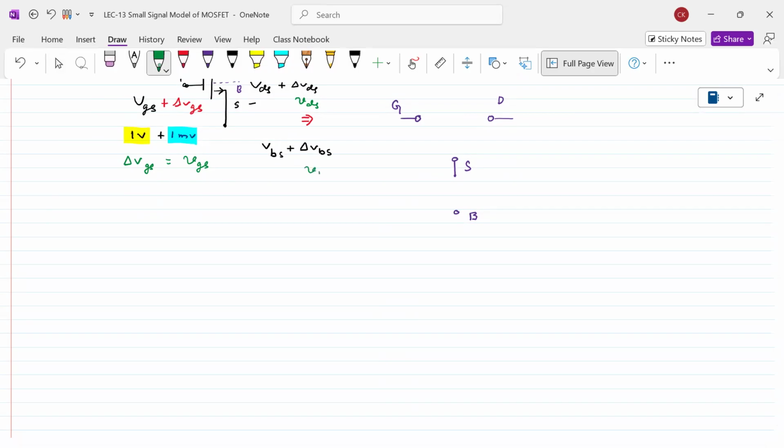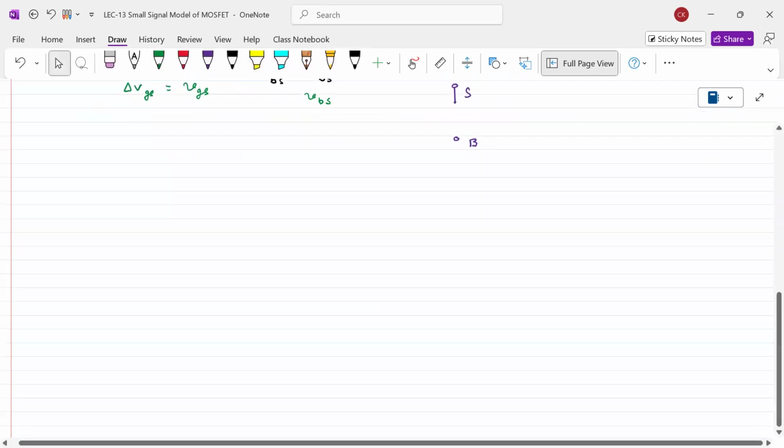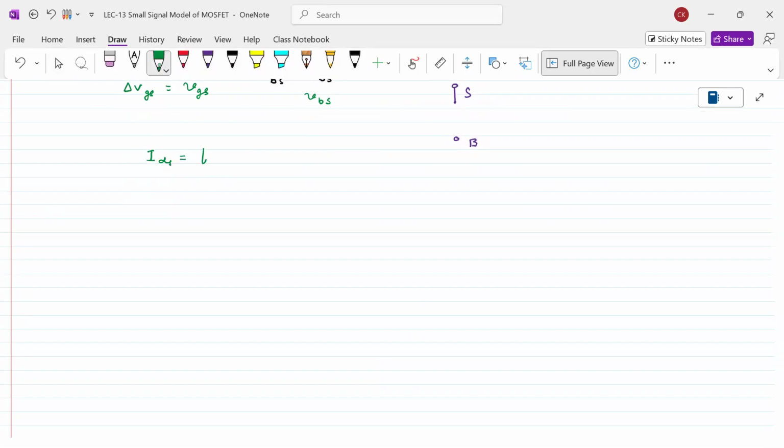Therefore, IDS is a function of the VGS change, VDS, as well as VBS. Is this point clear to everyone?